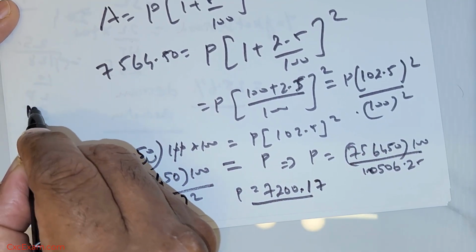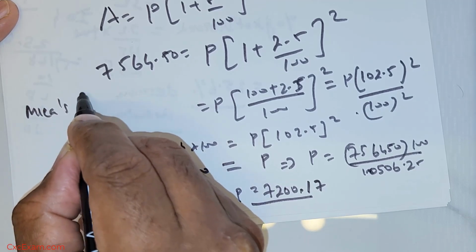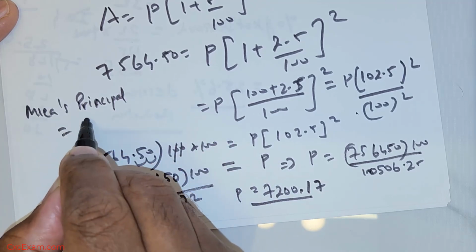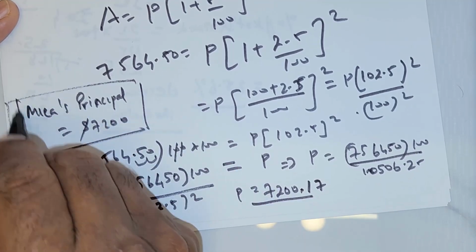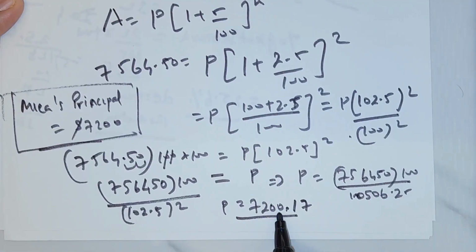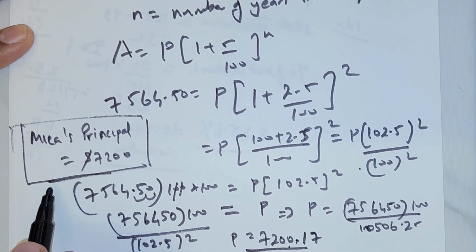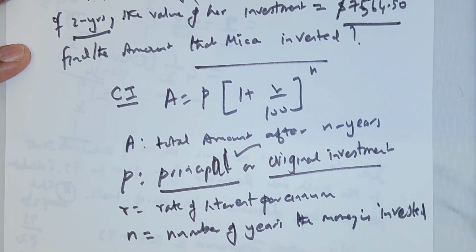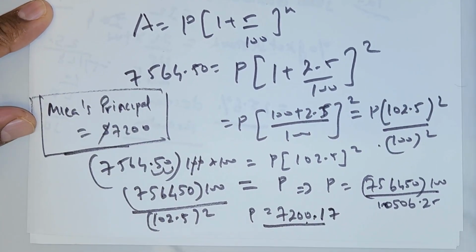So Mika's initial investment or the principal is nothing but $7200. So you can box that result to show the examiner. Conclusion is this, because this is what they are asking: find the initial principal of Mika. Okay, so that completes this question. Let's move on to the next one.